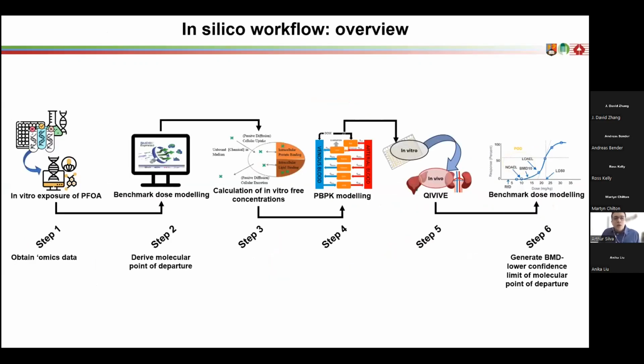So this is an overview of each step that we conducted in this work. In step one, we obtained omics data related to the in vitro exposure of PFOA. Afterwards, we derived a molecular point of departure using benchmark dose modeling, identifying genes that had a concentration response relationship.